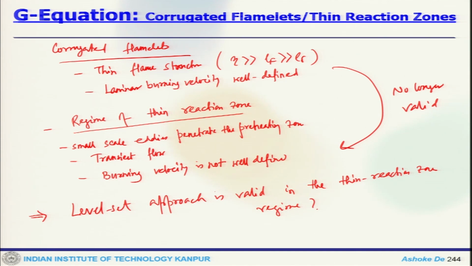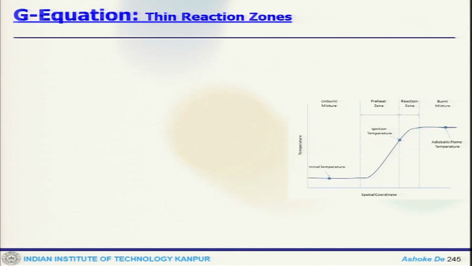So what happens, we can see if we go to the thin reaction zone regime. This is the ignition point, reaction zone, preheat zone, that's typical. Here the G0 can be a surface which is represented by the inner reaction zone.